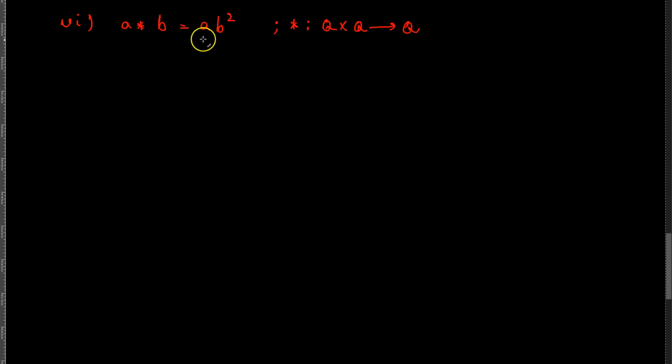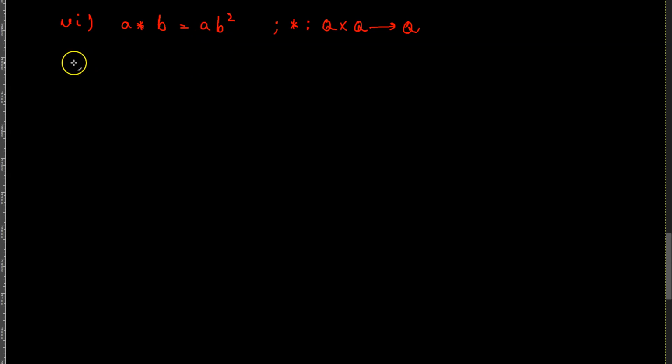In order to check whether star is commutative, you know that A star B is equal to AB squared, and B star A is equal to BA squared, so that they are not the same thing. To show that it's not commutative, we will create two examples.